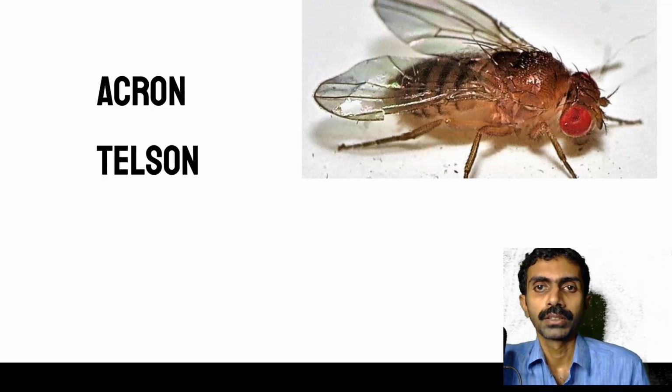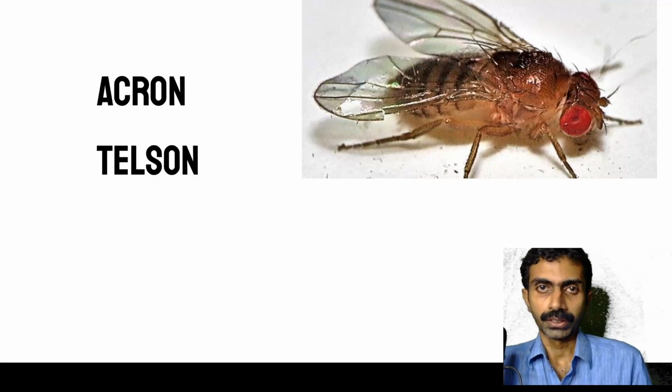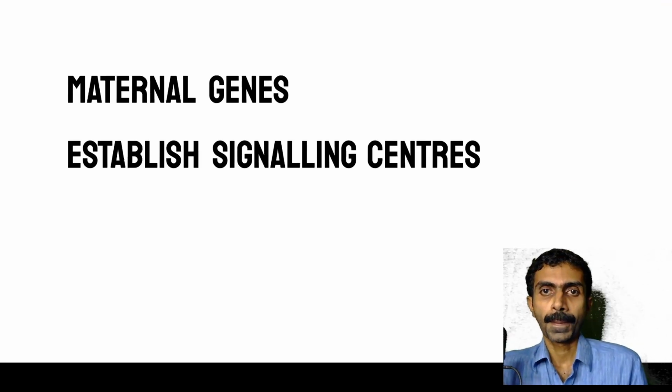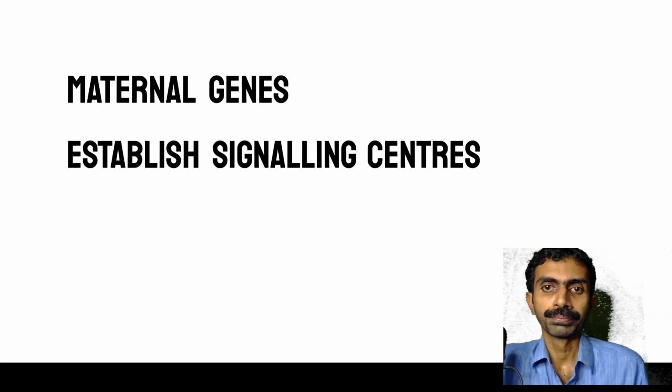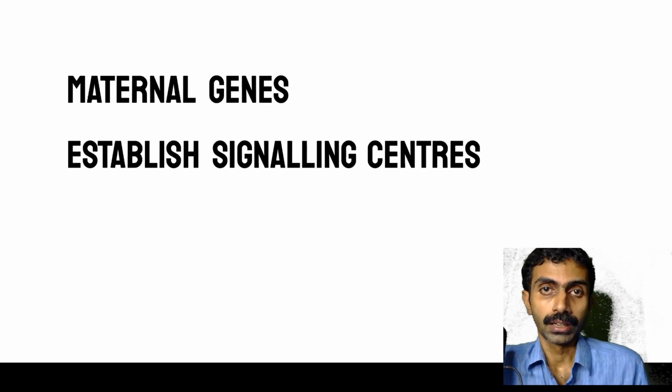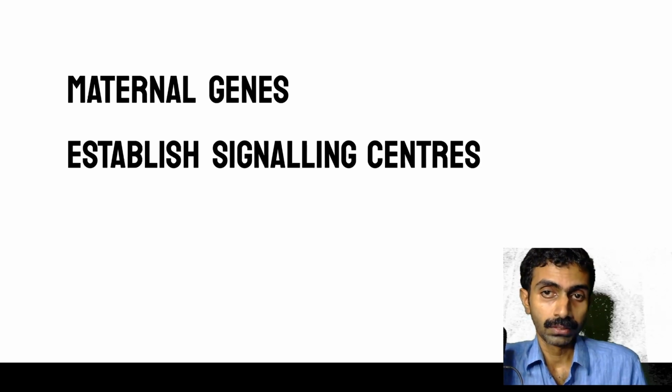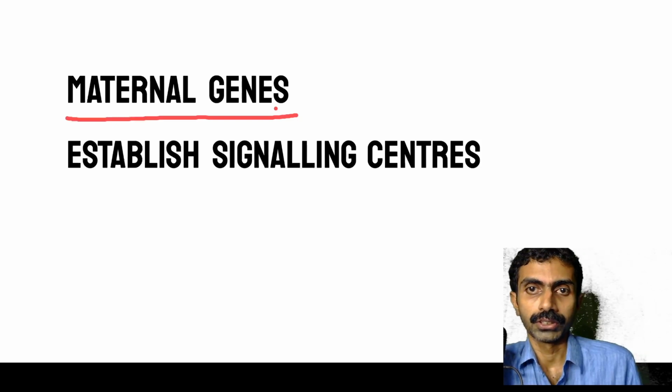And one thing again you should think about is two structures, acron and telson. The acron is present in the anterior side and telson is present in the posterior side. So as we said, the anterior-posterior axis of Drosophila is influenced by about 40 maternal genes.